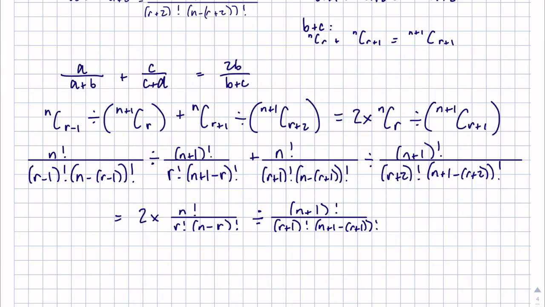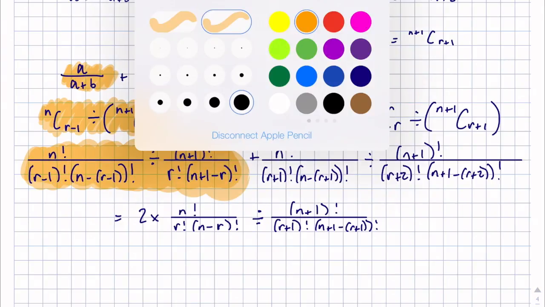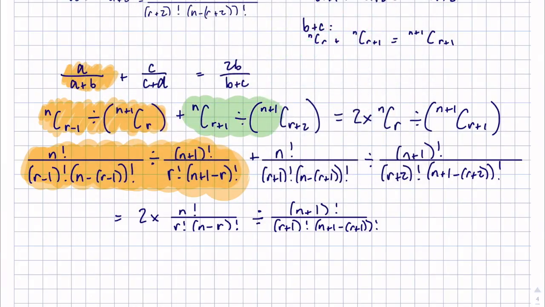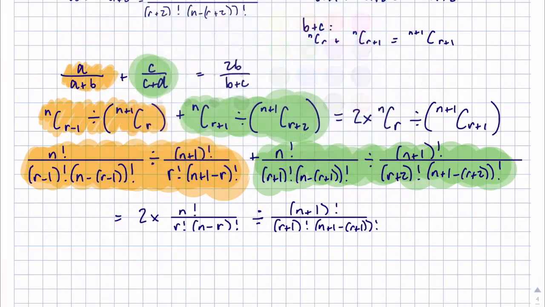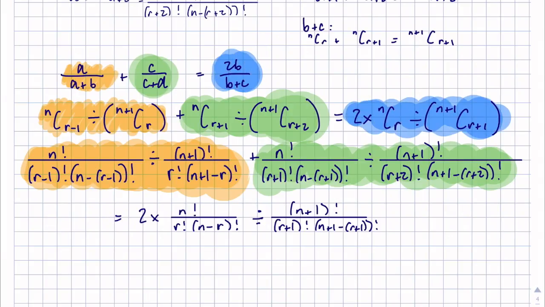Okay, so just to colour code where these came from, this one is this one, which is this whole one. And we had this one, which is this one, which is this whole one. And that comes out as, what colour should I choose? Blue. This one, which is this one, which is this whole thing.